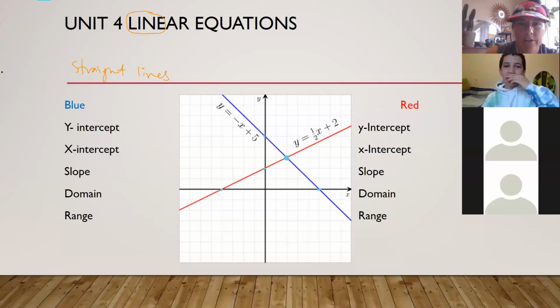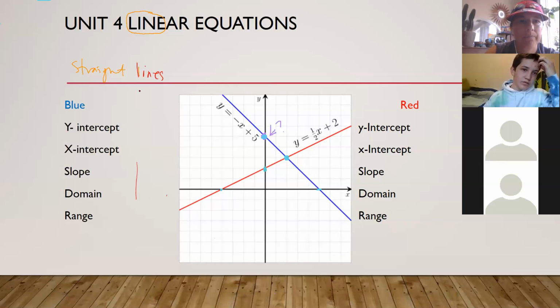So your y-intercept is where your graph crosses the y-axis.